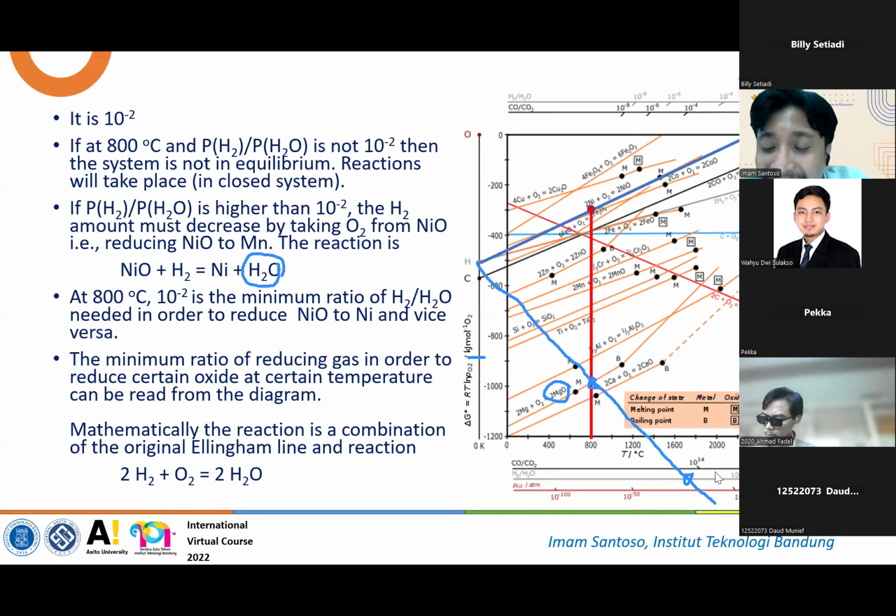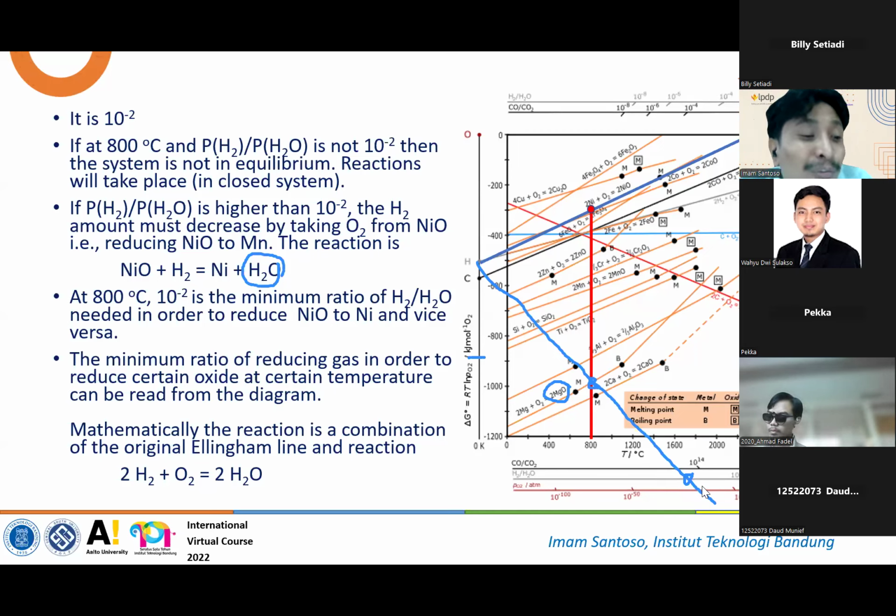Because you can see the ratio between hydrogen and water is, you can see here, maybe 10^14. Or the amount of water is really, really small. And this is equilibrium. Equilibrium means stop. Once a very small amount of water exists in the reactor, the reaction will stop.